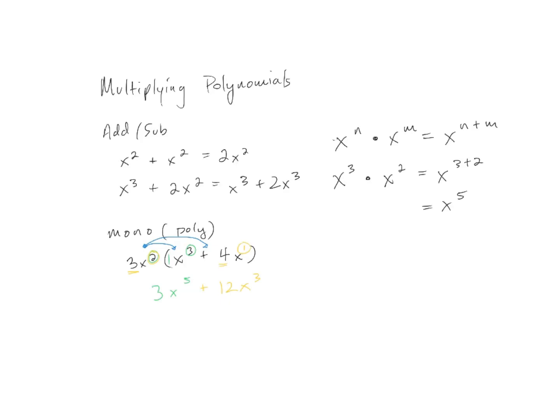Now you do have other cases where we had polynomial times polynomial, and in this case, these polynomials are known as binomials. So maybe you had x plus 3. That was when we were using a bit of our FOIL method to help us organize our x to the third, our distribution property, x, this is really x to the 1 here, plus 3x squared.